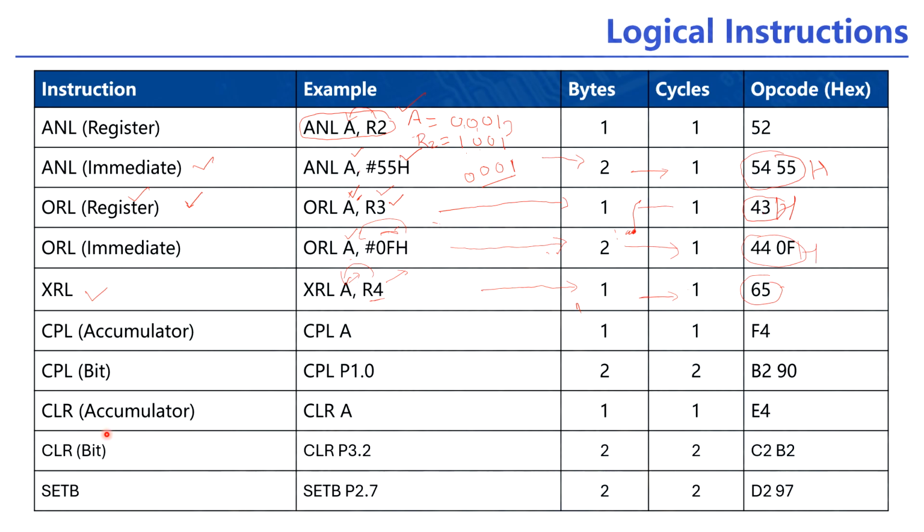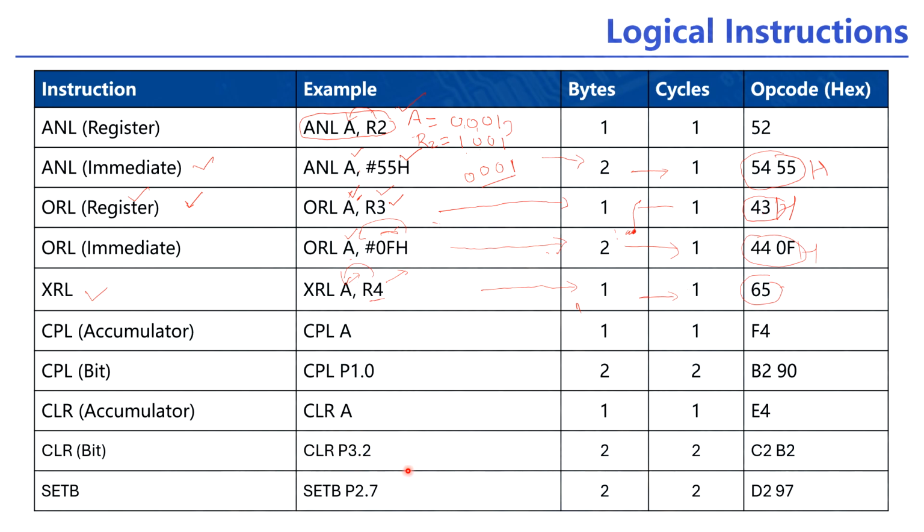Noted? Okay. Next thing, this is the clear CLR bit. This is nothing but P3.2, pin number 2 of the port 3. So clear this pin. Suppose any value is already here in this pin.